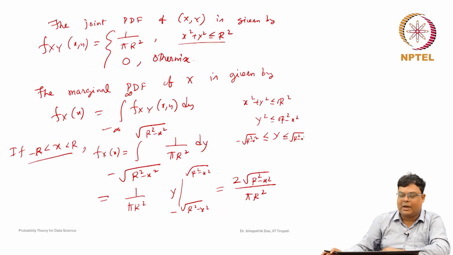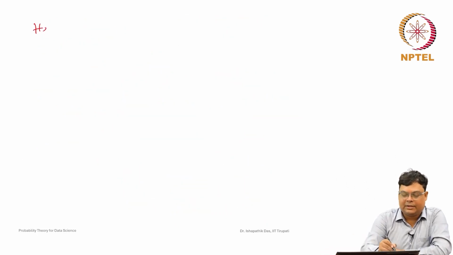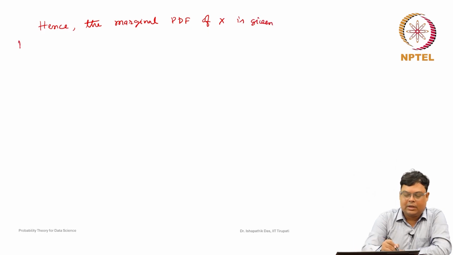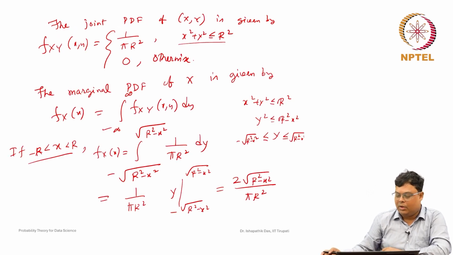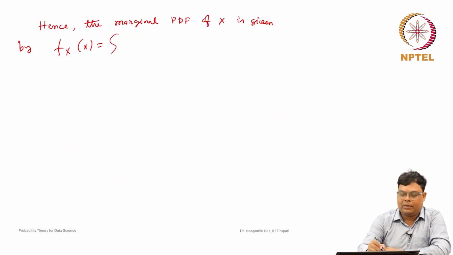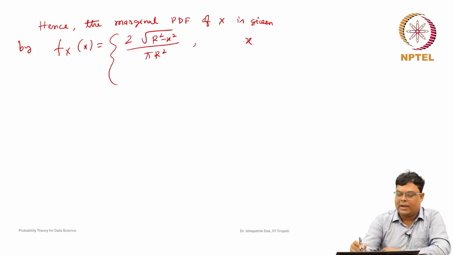So hence the marginal probability density function of x is given by f of x is equal to what we found, 2 into root over r square minus x square by pi r square, whenever x is between minus r and plus r.